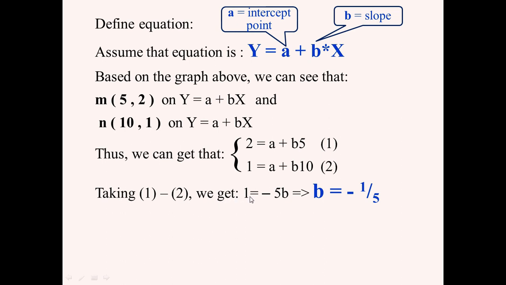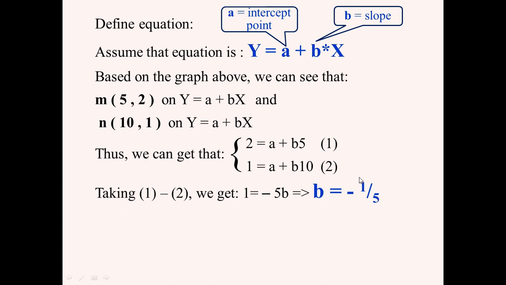So 2 minus 1 is 1, A minus A is 0A, and 5B minus 10B is minus 5B. So B is minus 1 over 5.